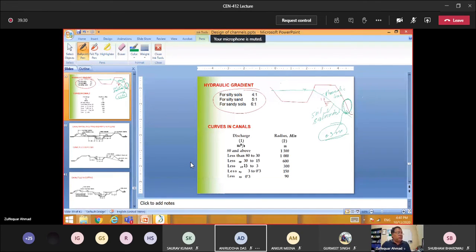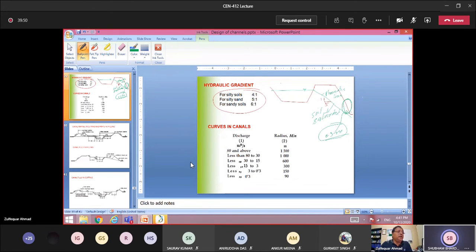Any question, please? Sir, here the original phreatic line is shown as a curve, and then we have approximated it in a linear form. But sir, a phreatic line can be any curve. That's why I'm saying you can do this exercise, because to get the true phreatic line you have to solve the subsurface flow equations.